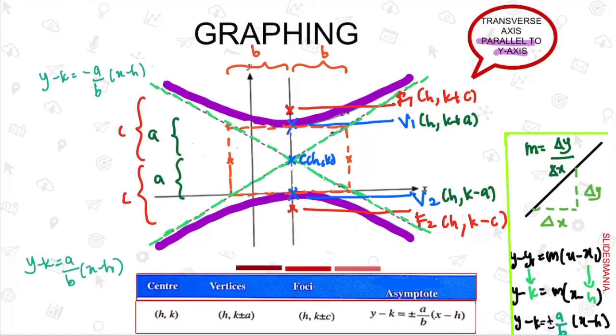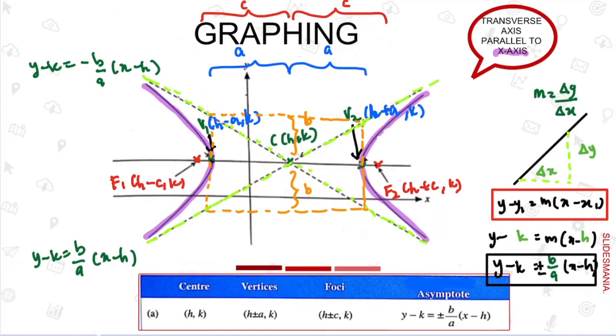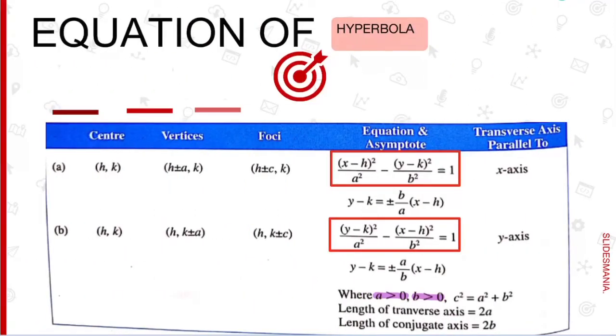Let us see another hyperbola with transverse axis parallel to the x-axis. Again, we can see that the distance c is larger than a and larger than b. Therefore, our Pythagorean theorem in the hyperbola is c squared equals a squared plus b squared.